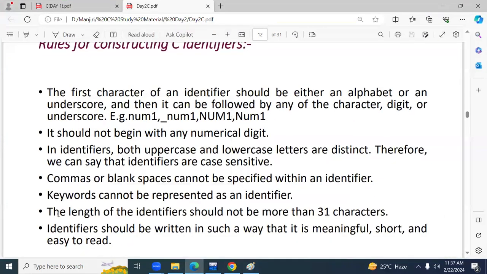Now I want to tell you about this one also. The length of an identifier should not be more than 31 characters. It totally depends on the architecture of your computer. Architecture means what? Whenever C was invented, at that time 16-bit architecture was just coming into the picture. What is the architecture? The processor.